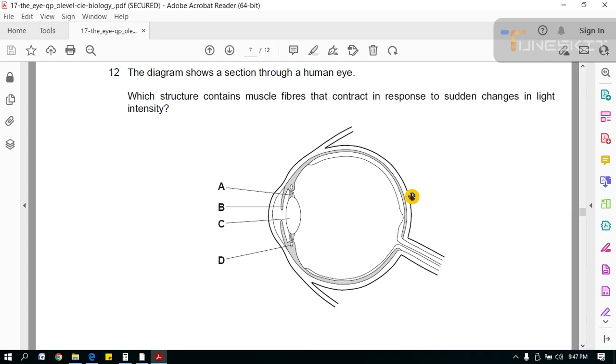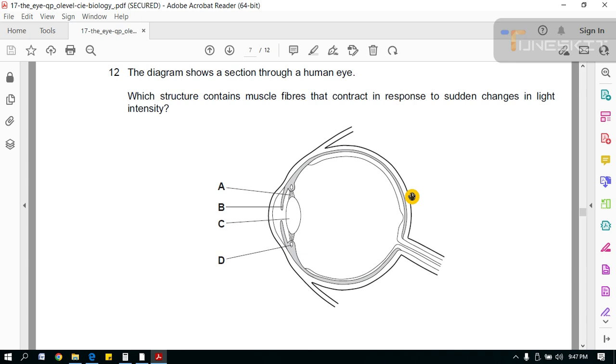When you see things at a distance, or things close to you, that is carried out by the ciliary muscles. They contract and relax, and this increases or decreases the size of the lens. But here, when the light intensity changes, there should be a change in the pupil size.